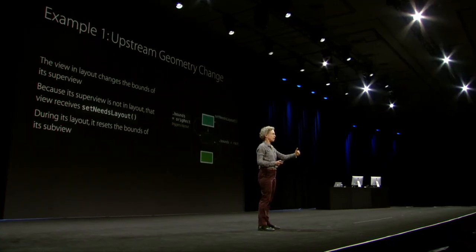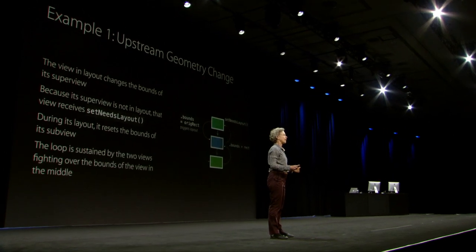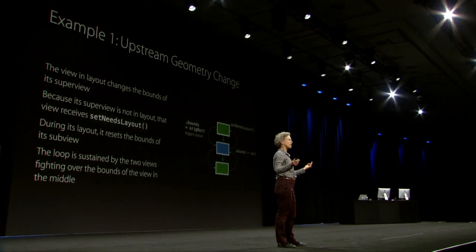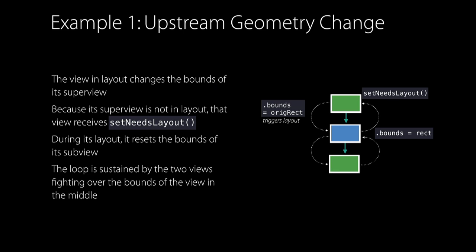So when the layout pass gets down to the bottom and finishes, it goes back to the top, and it runs layout because that top view still needs layout, which resets the bounds of the middle view. And the feedback loop is powered by the two views fighting over the bounds of the view in the middle.